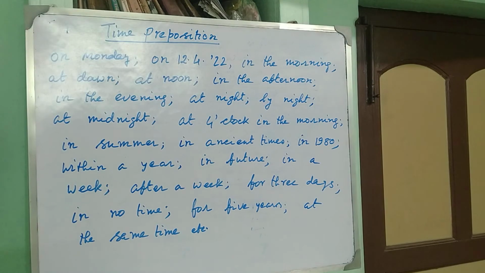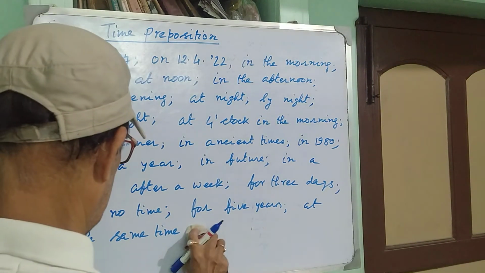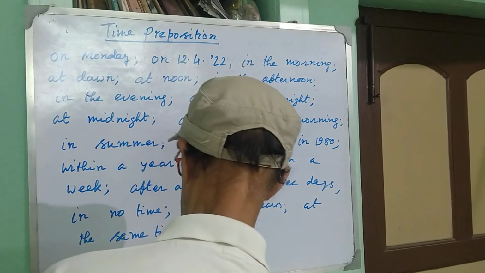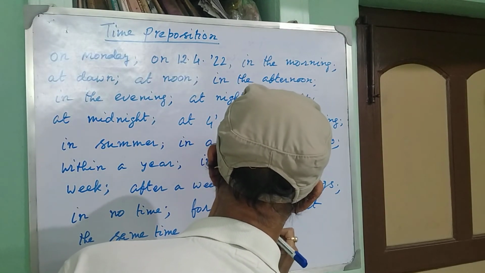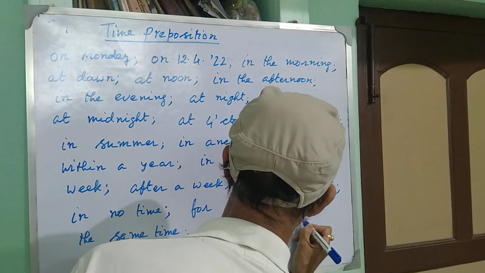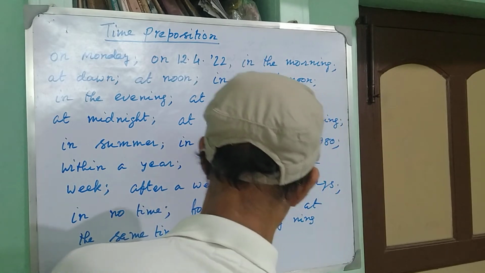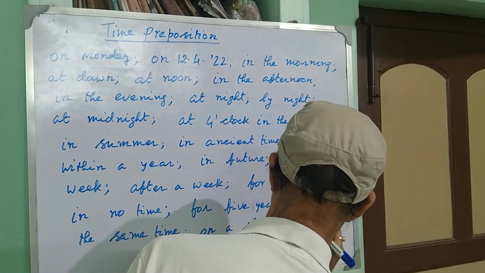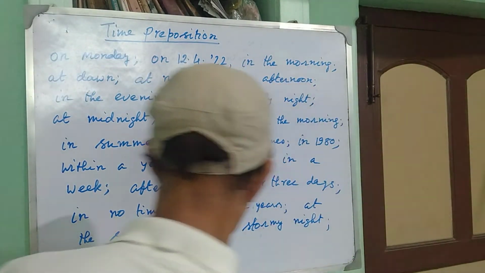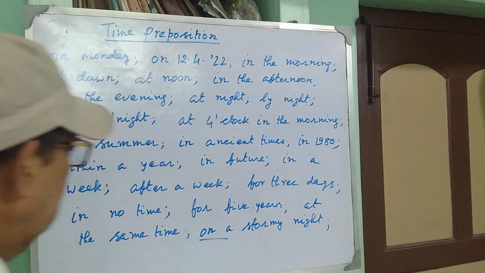You see that Monday, on Monday. Okay, I am giving you another preposition. On a stormy night. Why on?